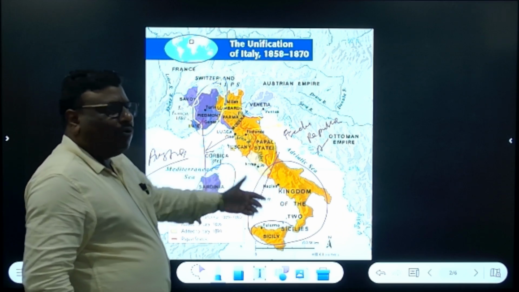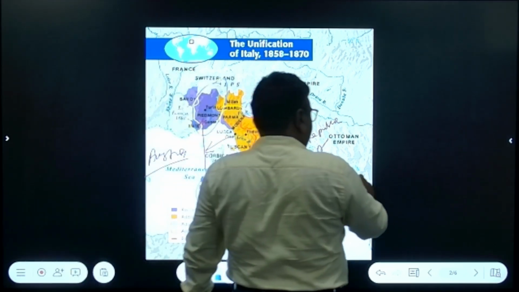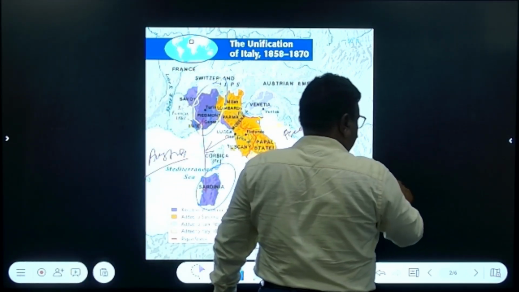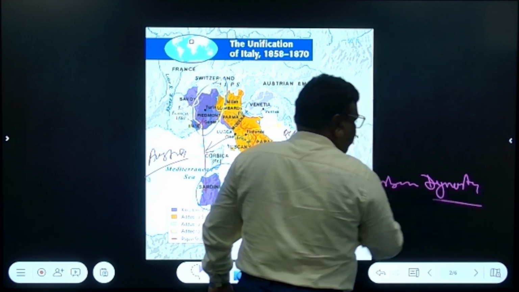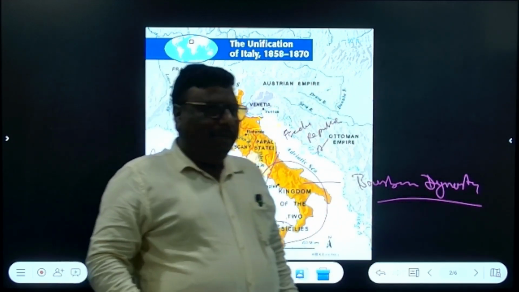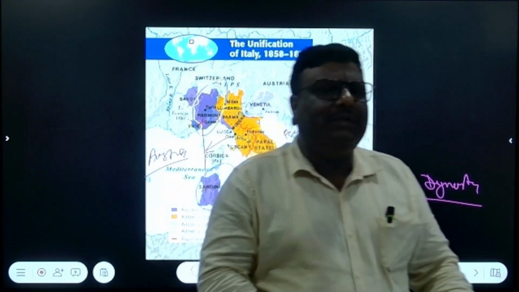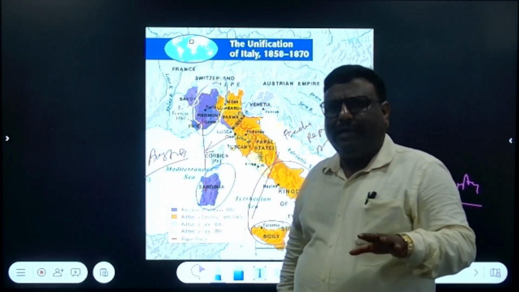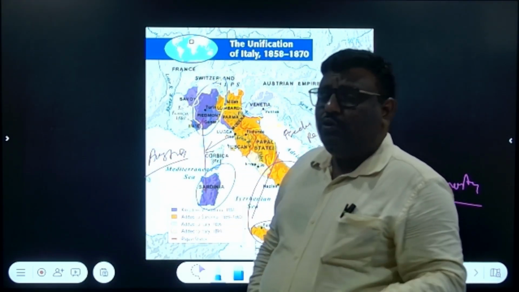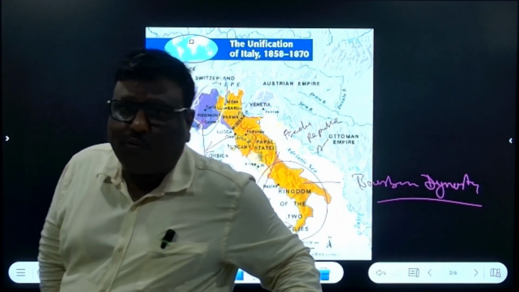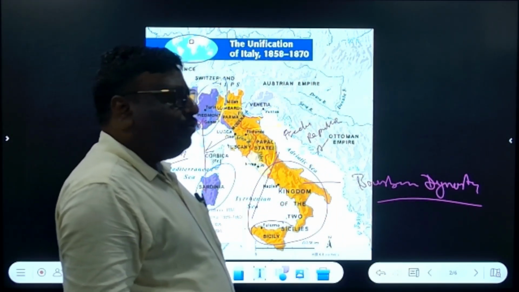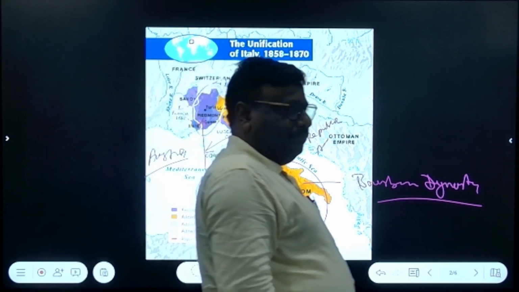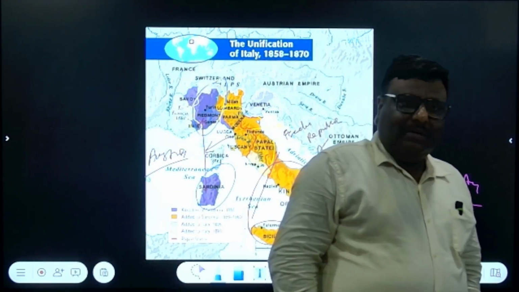These regions were controlled by the Bourbon dynasty of France. You should be aware of the Bourbon dynasty. In fact, before the French Revolution, the king of the Bourbon dynasty was there, and you should know one more thing: the queen of the Bourbon dynasty belonged to Austria.